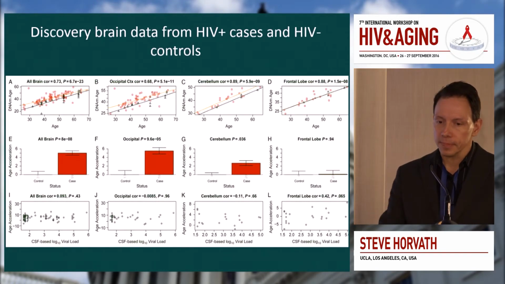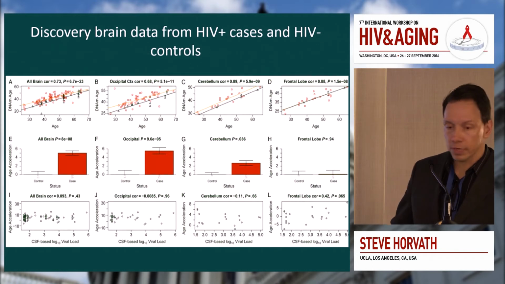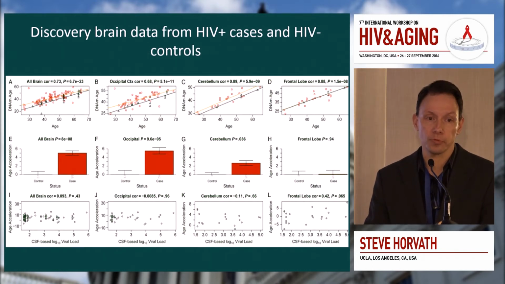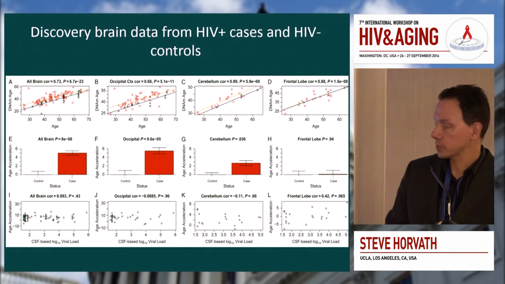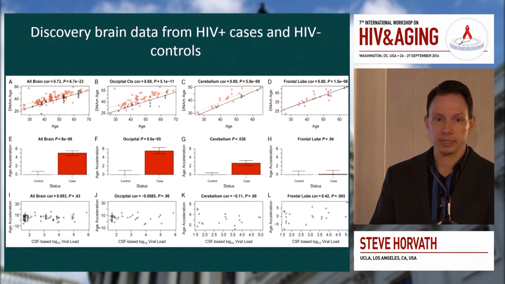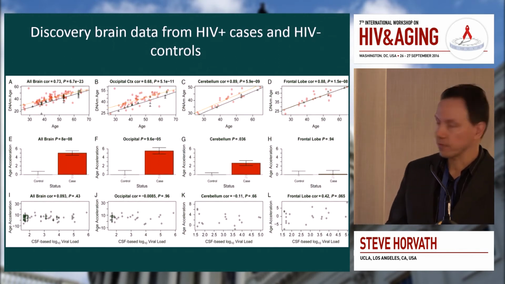And here I show you how methylation age on the y-axis correlates to chronologic age in all brain samples, where we ignore brain region. Red denotes HIV-positive brain samples and black HIV-negative brain samples. And what you see right away is that the red dots lie above the black dots.